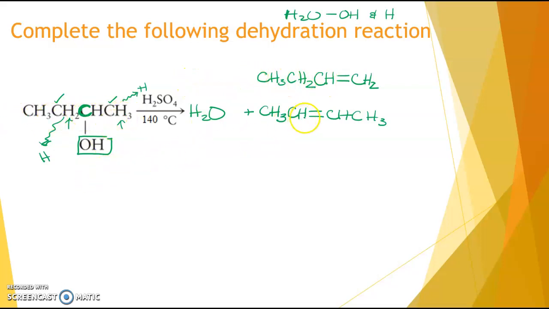Making sure. So we have a situation where we have two potential different products. And if you think about it, this probably doesn't surprise you, because that's actually what we saw when we hydrated alkenes, because it was an unsymmetrical addition reaction. We had to consider which one was the major product when we added across the double bond.